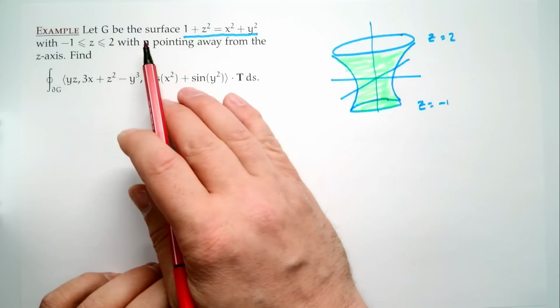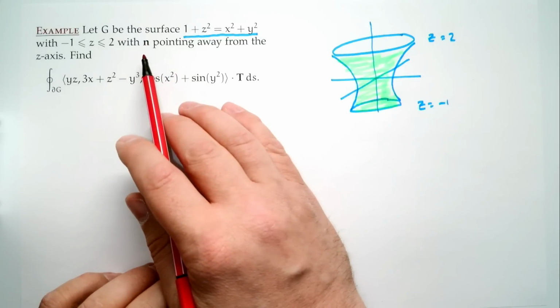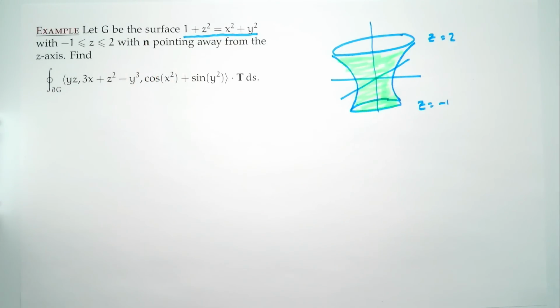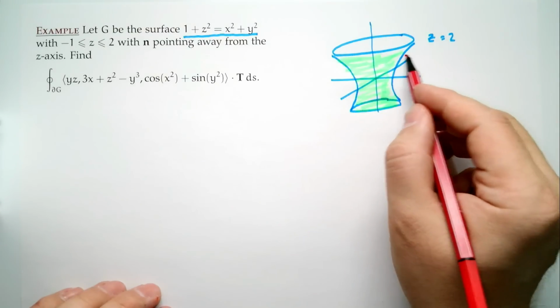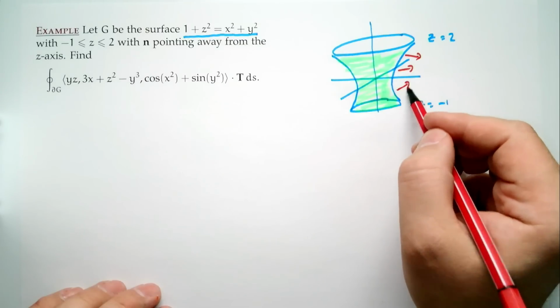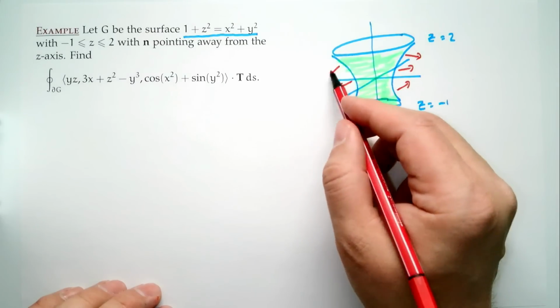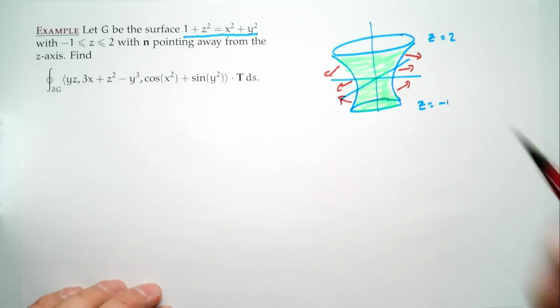Our surface, we've specified how the normals point. So the normals give us the top side of the surface. We're told it's pointing away from the z-axis, which means that as far as the surface is concerned, that's the way up is. So we're sort of standing on the outside of the surface.